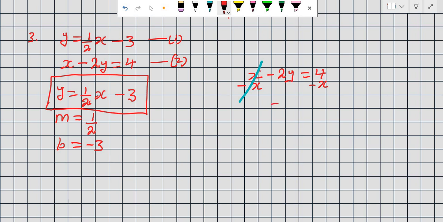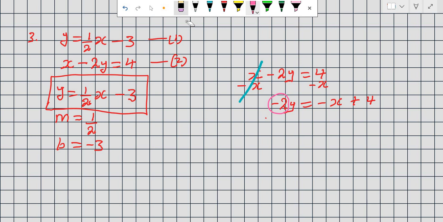Now we have -2y is equal to -x plus 4. Now let's divide each term by -2, because the coefficient of y is -2.